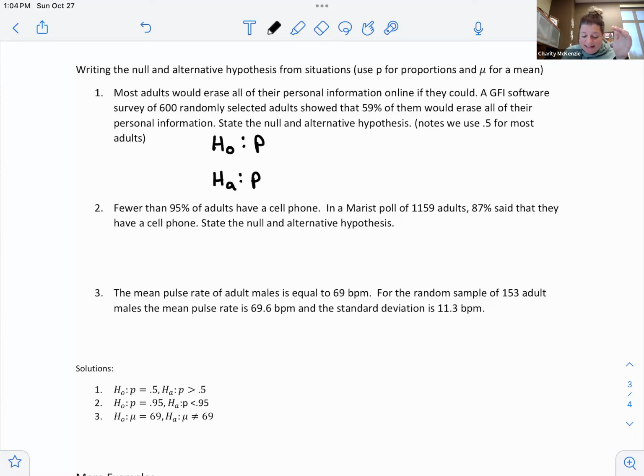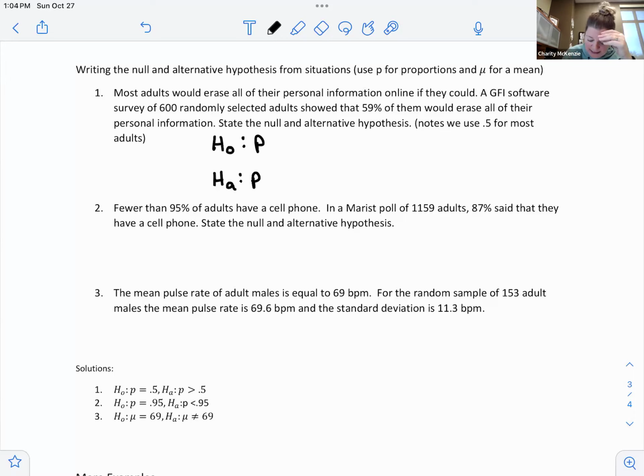So when I say most adults, that's what I'm going to claim. The 59% is the statistic. It's the information given about the sample. You have to decide what am I actually claiming, because that value goes on your null and your alternative.